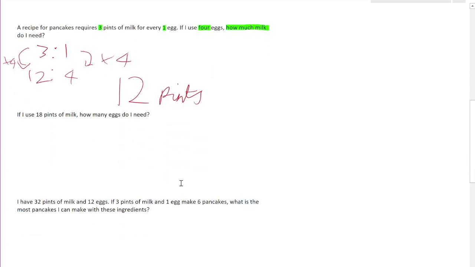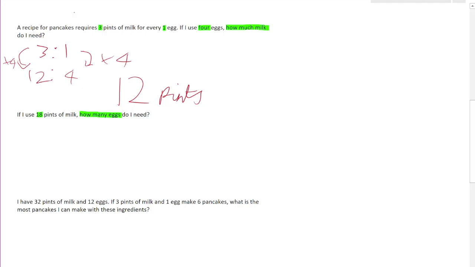So part B, have a go yourself this time. If I use 18 pints of milk, how many eggs do I need? Do pause the video if you need a bit more time. But okay, so important information, 18 pints of milk, how many eggs? So we know the ratio from the previous part.